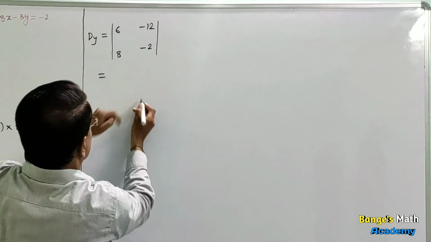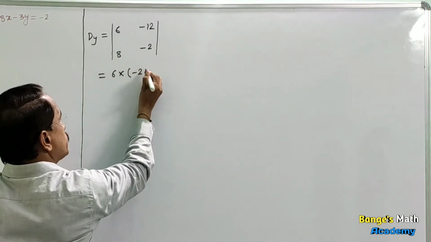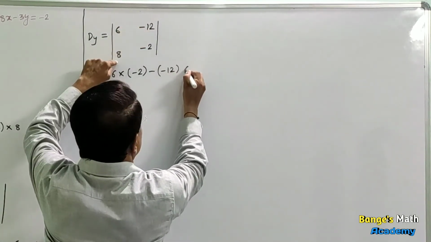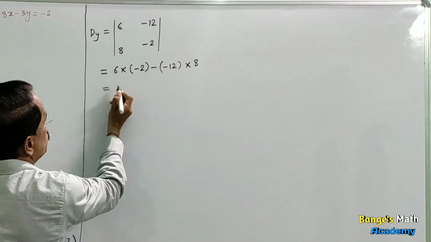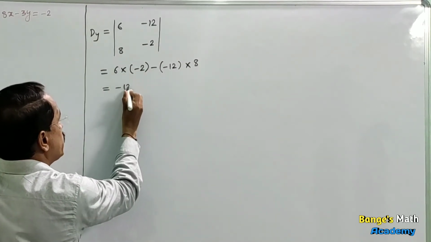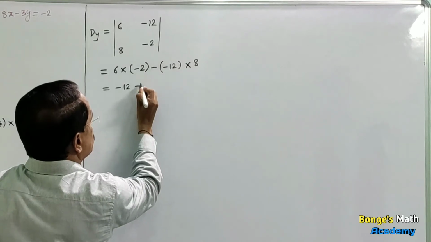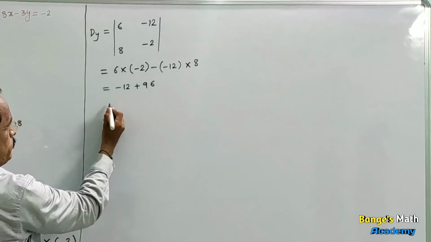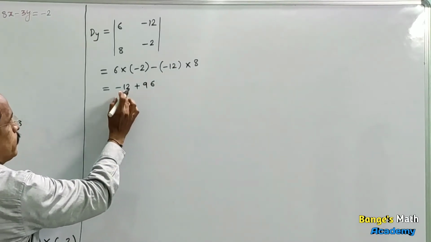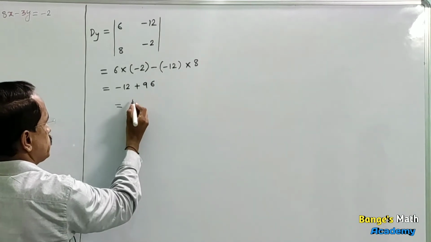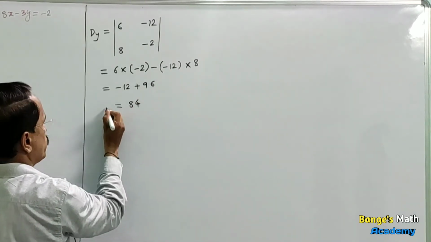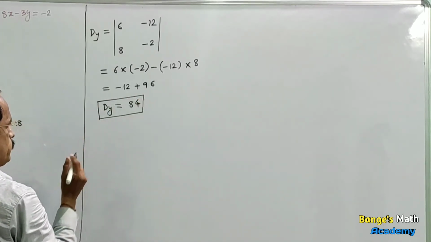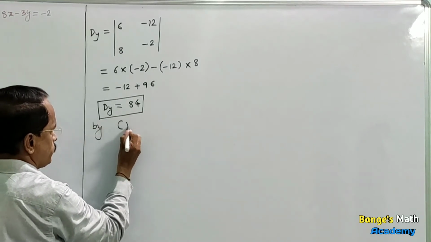Product of 6 into minus 2, minus product of minus 12 into 8, equal to 6 into minus 2, minus 12, minus into minus plus 12 into 8, 96. Then it is equal to minus 12 plus 96, 84. So we get the value of dy, 84.